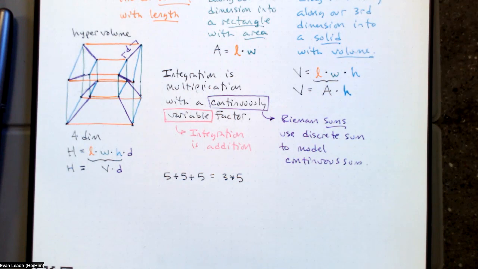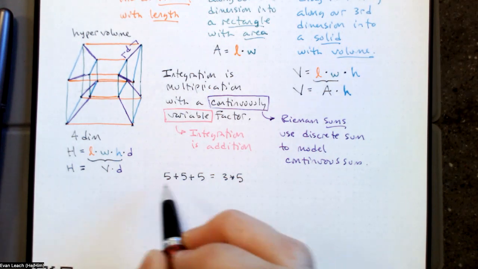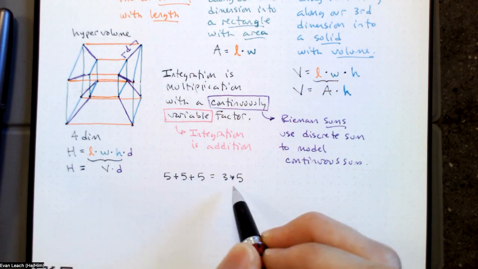Here's our relationship between addition and multiplication. If I have 5 plus 5 plus 5, we get to say 3 times 5. We get to use multiplication. When all the terms are the same, we get to take that term and use it as a factor.